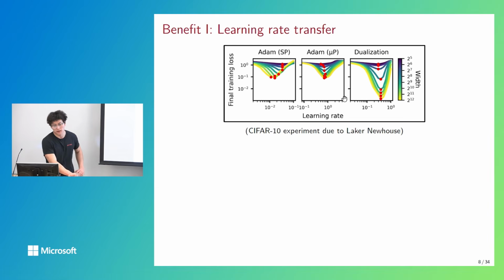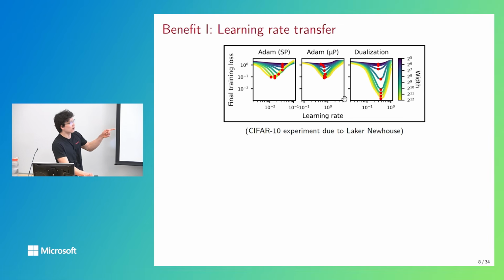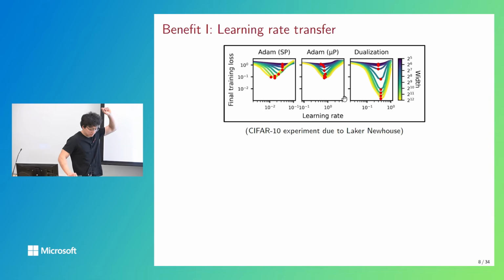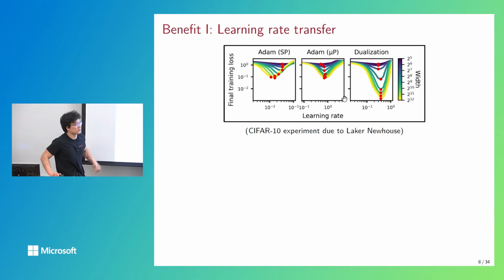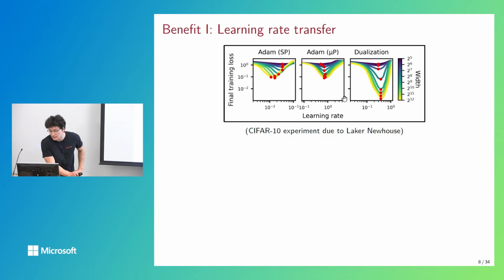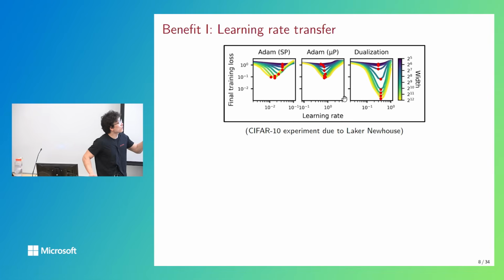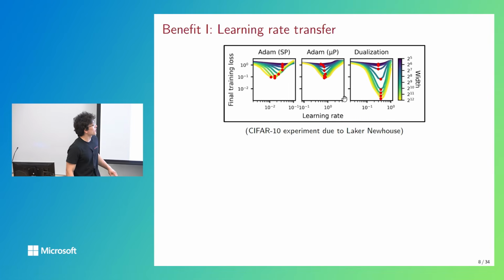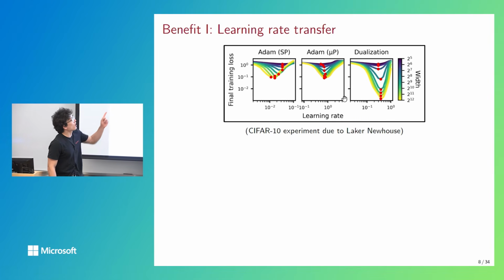What I'm showing you is the training loss against the learning rate, and different colors of the curves correspond to different sizes of the model. The plot is highlighting that across different scales, the optimal learning rate lines up for dualization in this plot. But dualization is nothing but the orthonormal optimizer. And you can see that the alignment is much cleaner with the orthonormal updates than with, for example, the traditional standard parameterization of Adam.